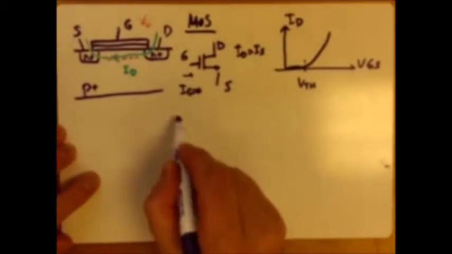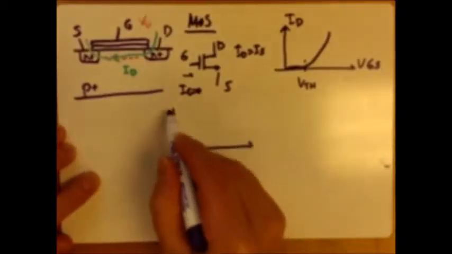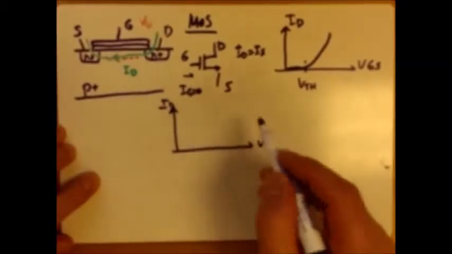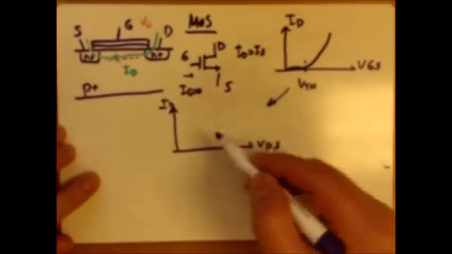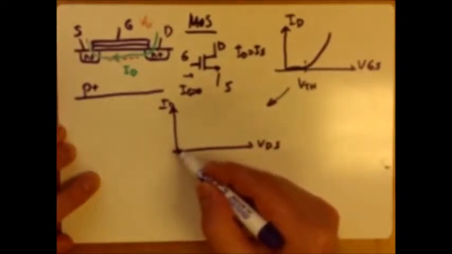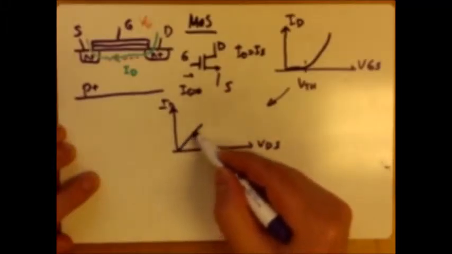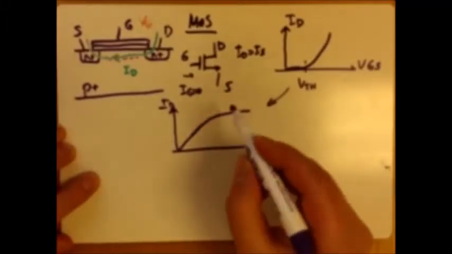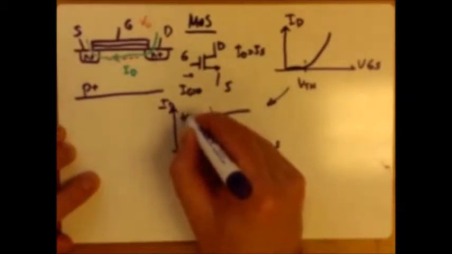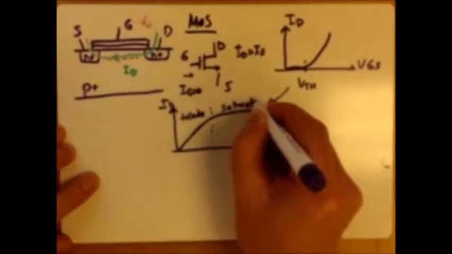In terms of ID versus VDS, provided that the transistor is on, for smaller drain source voltages the current would increase linearly and then reach some sort of saturation. So we call this the triode region, and this region the saturation region.